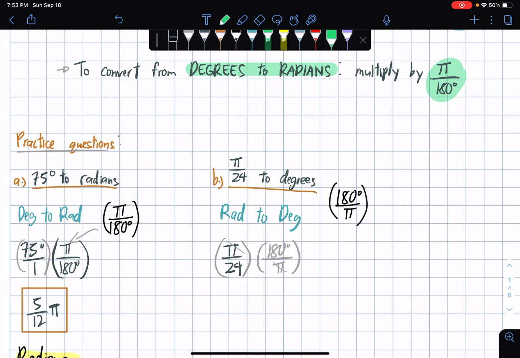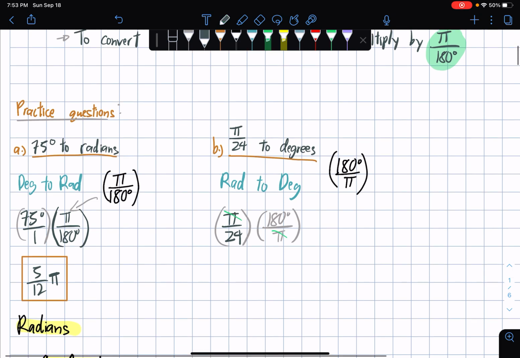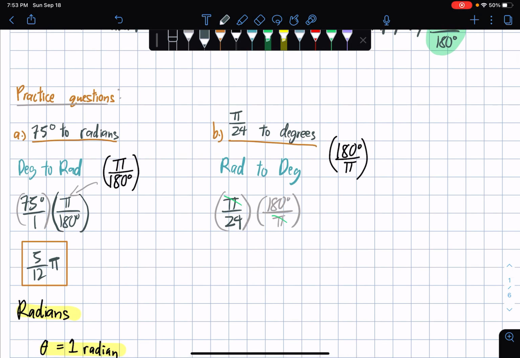Cancel pi, and we get 180 degrees over 24, or basically 180 over 24. And if we simplify that in simpler terms, we get 15 over 2. This could be our final answer, or we could also put its decimal form, 7.5.